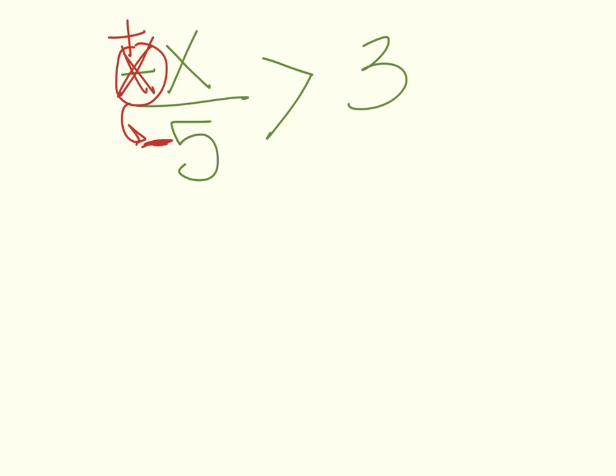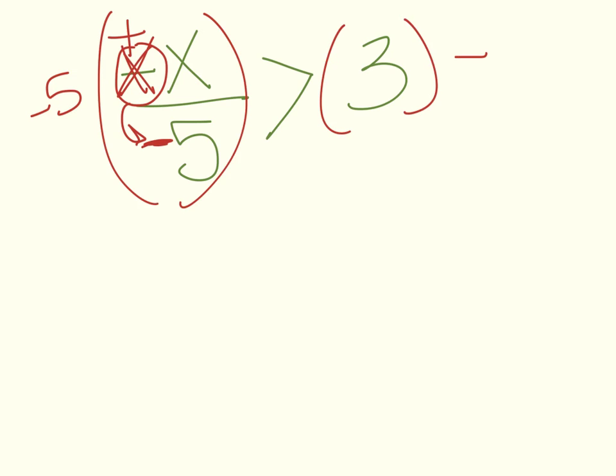So what is the opposite of dividing by negative 5? Multiplying by negative 5. And what I do on one side, I do to the other. Since I multiplied by a negative number, what happens to my inequality? Remember, it flips.